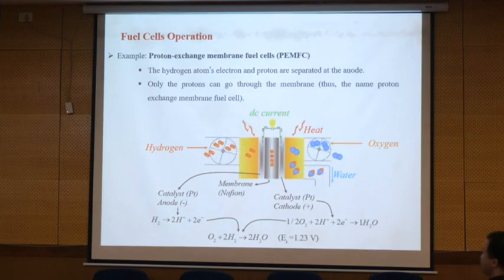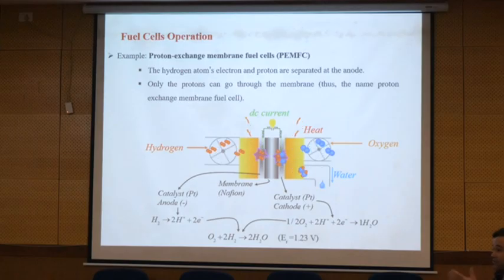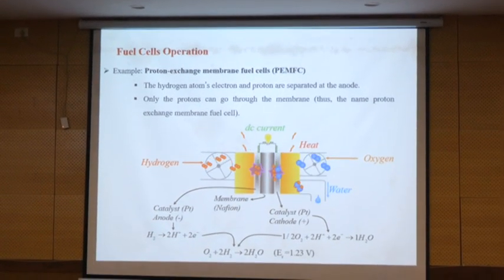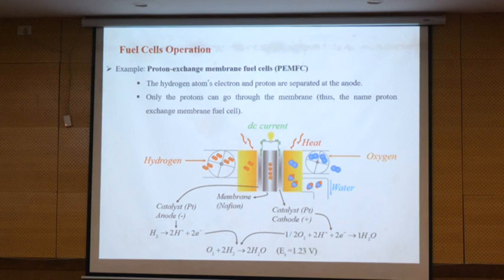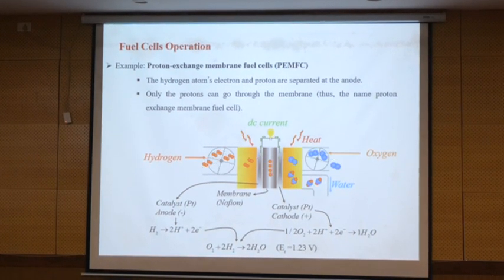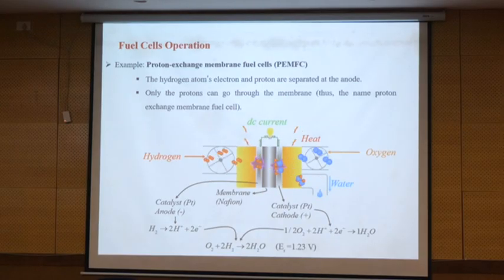This is why we call it a proton exchange membrane fuel cell. We have this catalyst here, the proton passes through, and the electron takes a different direction to create the electricity.